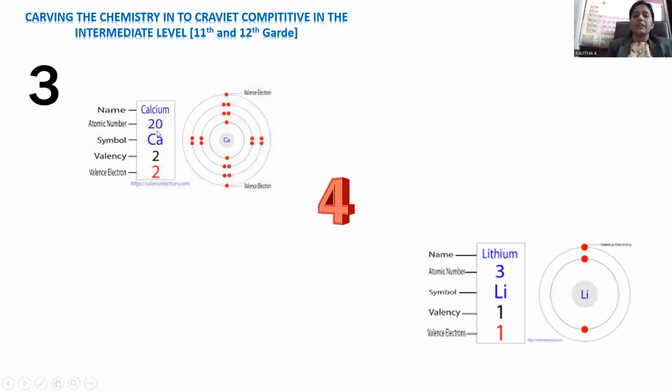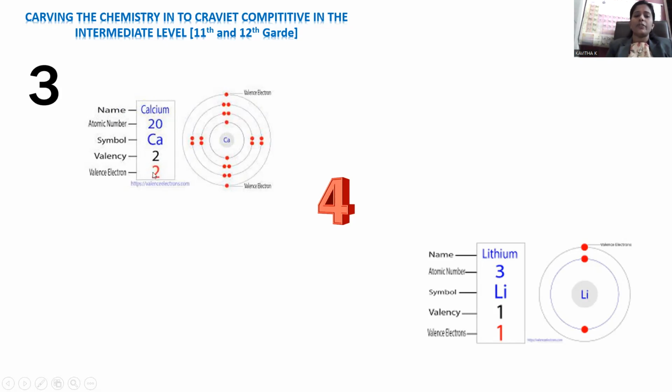If you see calcium, the atomic number is 20. Calcium is a second main group element, so we can write its outermost configuration as ns2 only. The configuration is 1s2 2s2 2p6 3s2 3p6 4s2, right?